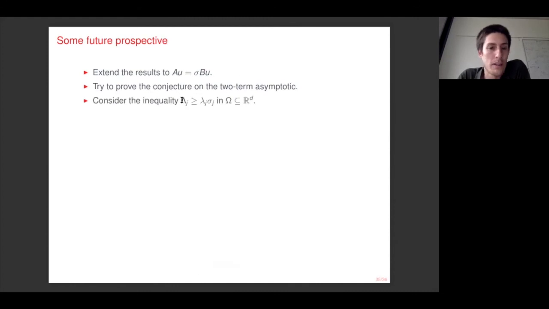And also it could be interesting to see whether this inequality holds maybe in other domains than for problems in higher dimensions.